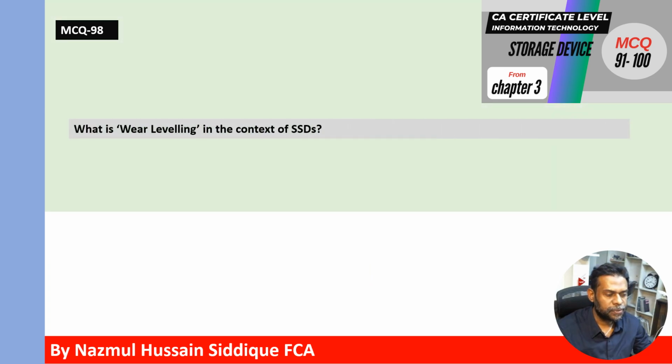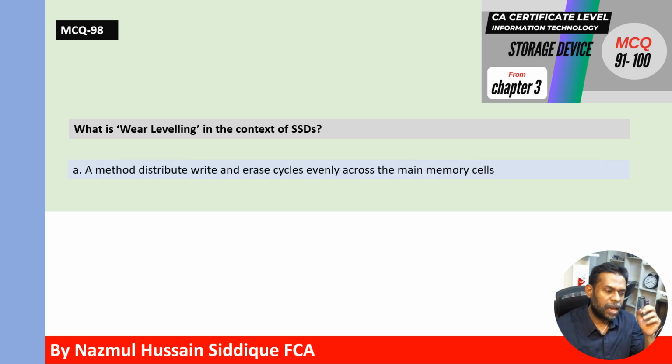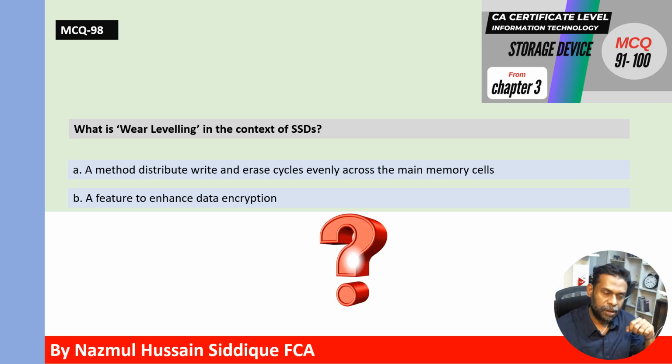Question 98. What is wear leveling in the context of SSDs? Option A, a method to distribute write and erase cycles evenly across the memory cells.